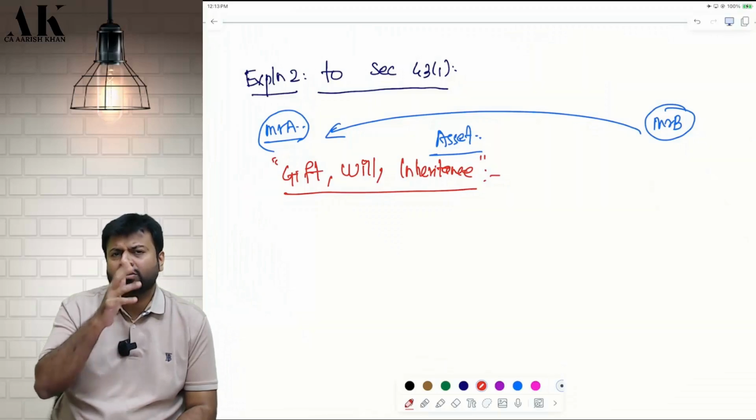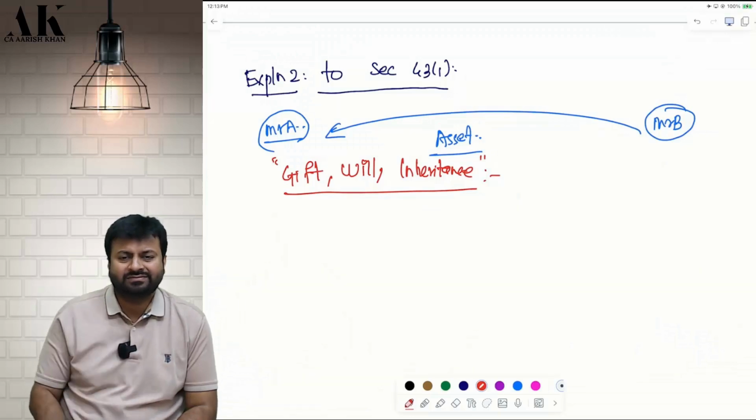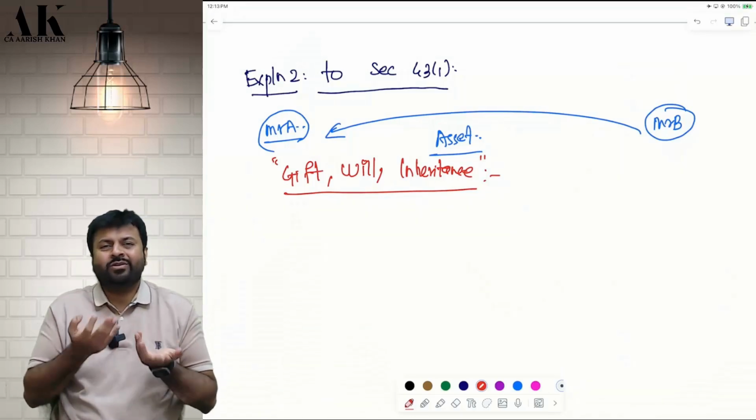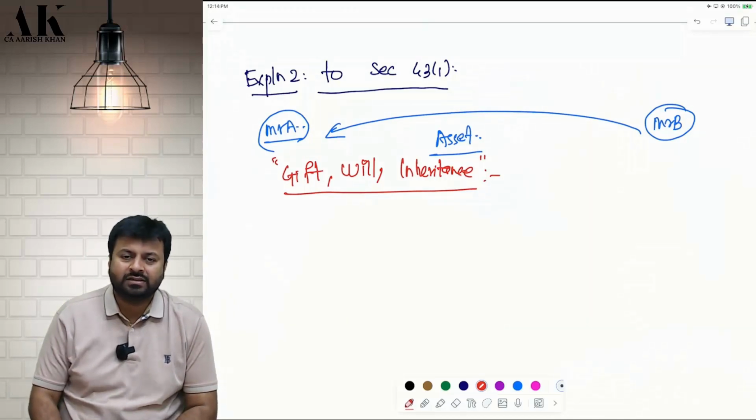Tell me, what is actual cost in reality? What is your cost in that case? 0. Correct? Actually the cost is 0 only. If somebody is receiving something as gift, then the cost is 0 only, right?